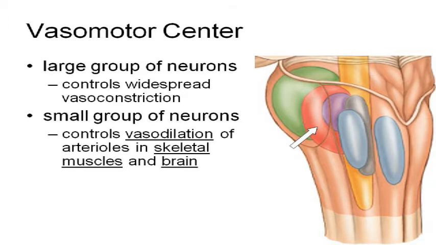Coming from this vasomotor center, there is a large group of neurons that when they send their signals out, it causes widespread vasoconstriction. At the same time this is going on, you have another set, a smaller group of neurons that basically produce vasodilation in skeletal muscles and the brain.